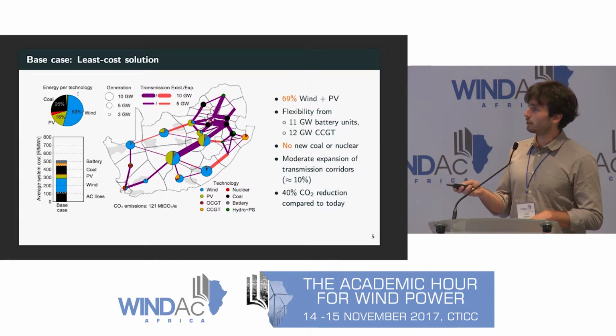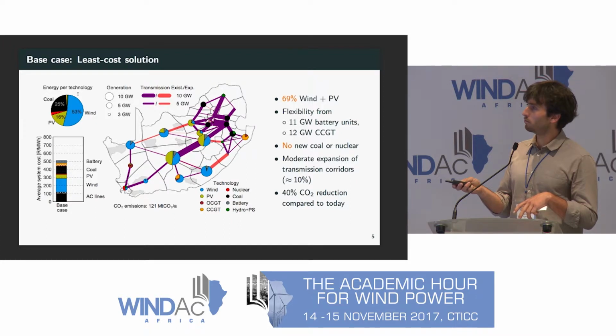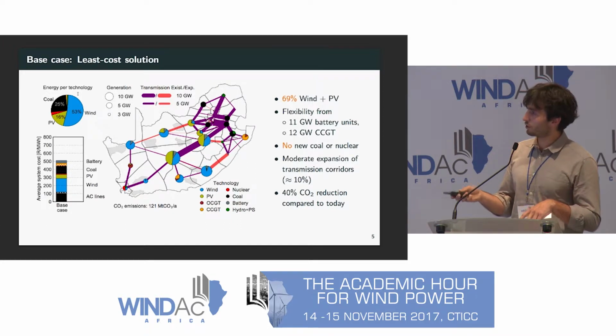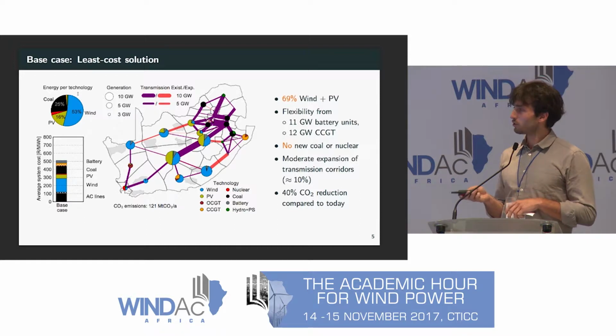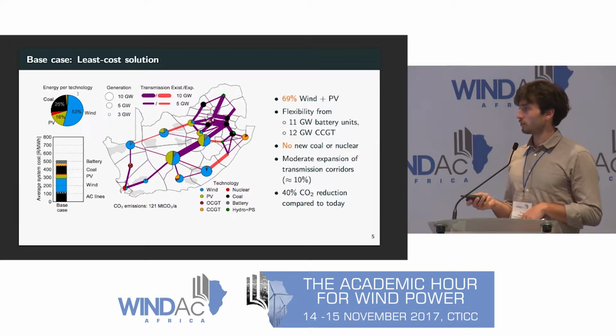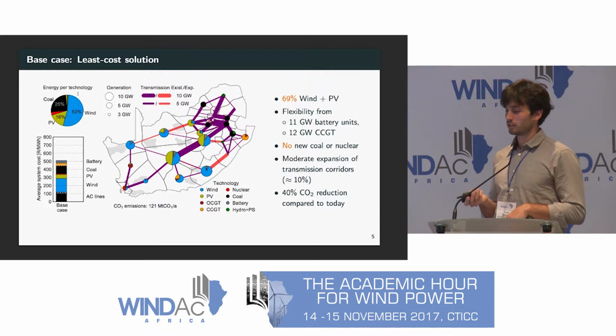So the red parts of the transmission lines are the new corridors, new expansions, which go from northwestern, and there's one more down here between Pinetown and East London. It would achieve a 40% CO2 reduction if the power system was driven that way.